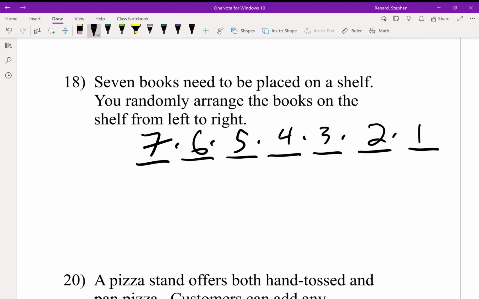And because the order doesn't matter in which I place them, what matters is that I have 7 options for the first one, 7 for the second one, and so on and so forth. And that is going to be a total of 5,040 options.